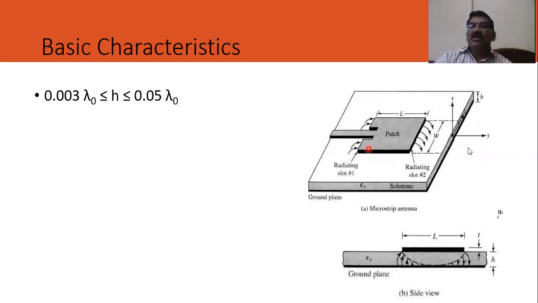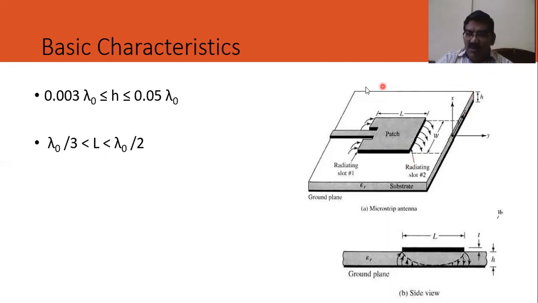So this is the height of the antenna, the h parameter. Then this is the length and width of the antenna. The length of the antenna is in terms of lambda, from lambda by 3 to lambda by 2. These are some standard, general considerations of the antenna that I am discussing.